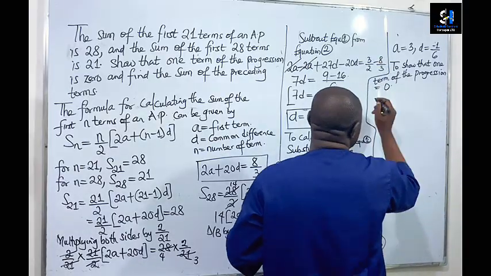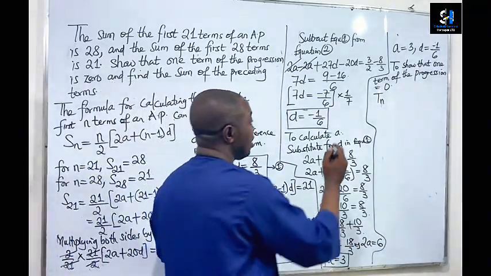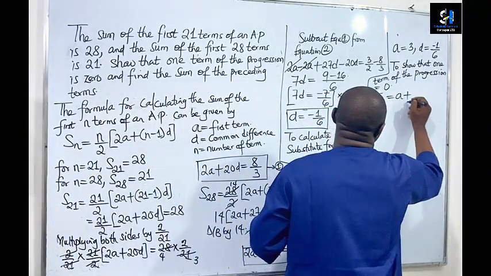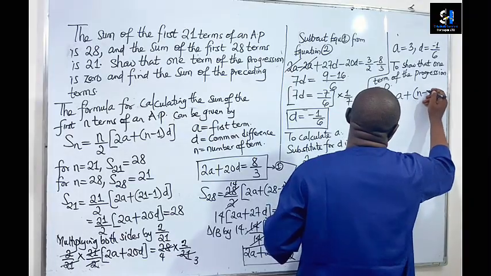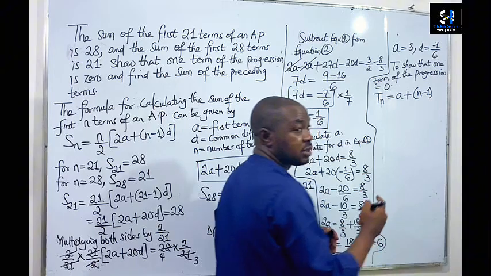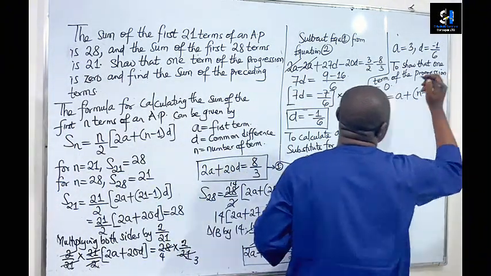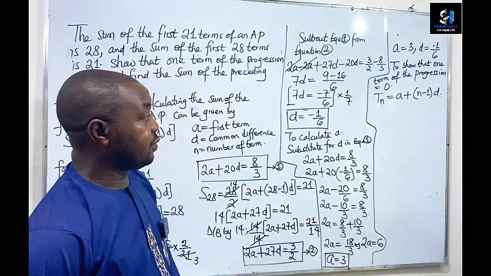The nth term of an AP, the formula is the first term plus the product of (number of terms minus 1) and the common difference.